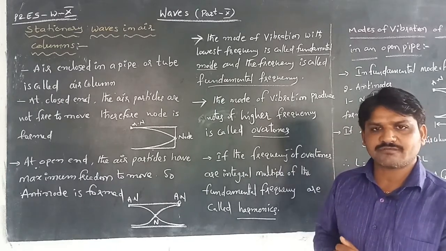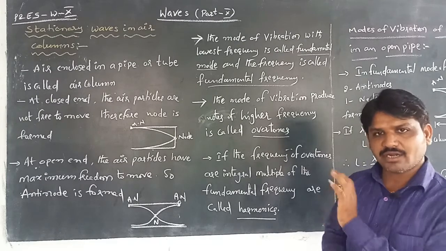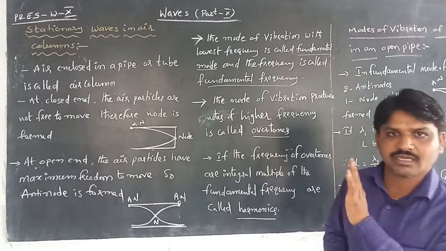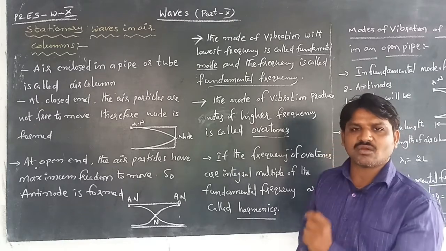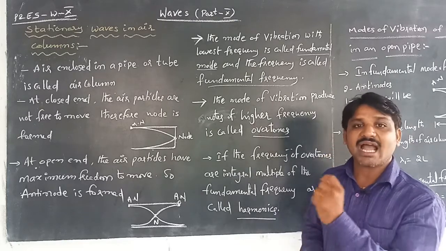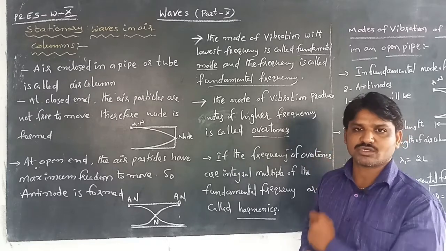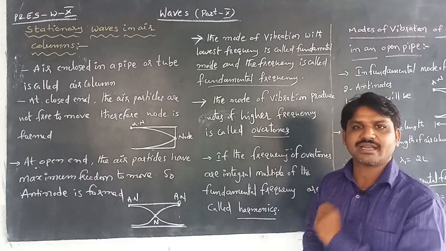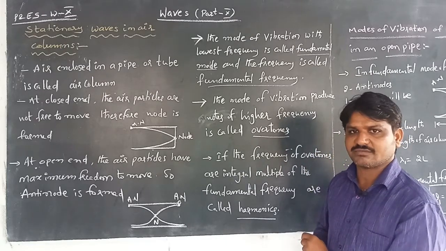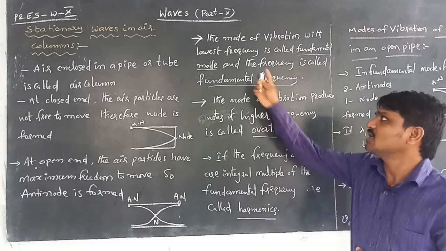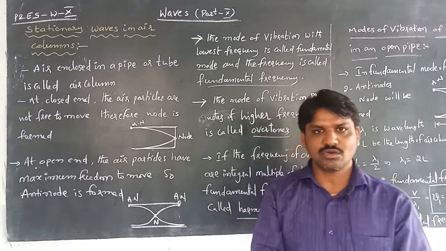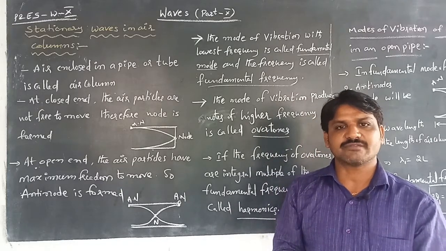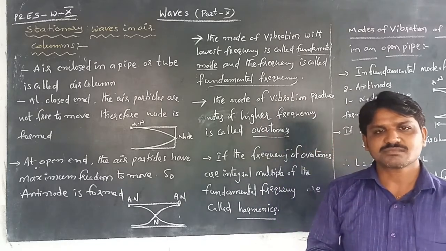Whenever standing waves are formed in an air column, a string, or whatever the medium is, the nth harmonic corresponds to the n minus 1 overtone. We discussed this in the previous video. So the mode of vibration with the lowest frequency is the fundamental mode, and its frequency is the fundamental frequency.